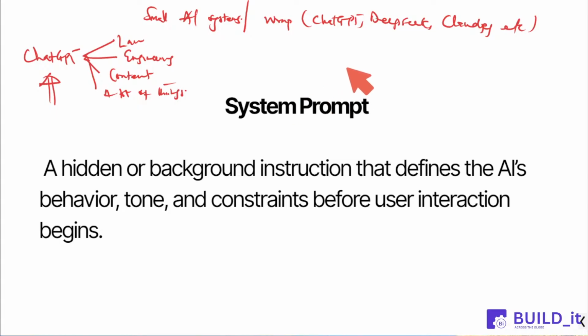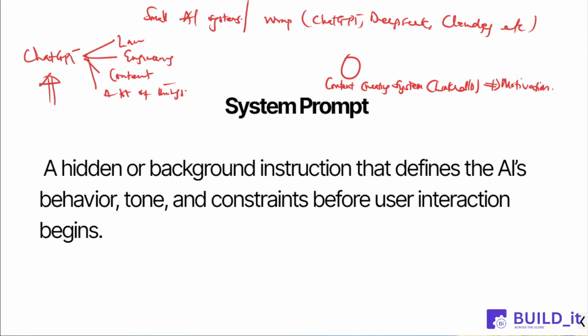So let's say you want to build a system. Let's say a content creating system for LinkedIn, and let's say your niche is motivation, right? Now you realize that you can actually use ChatGPT to generate the content for you.